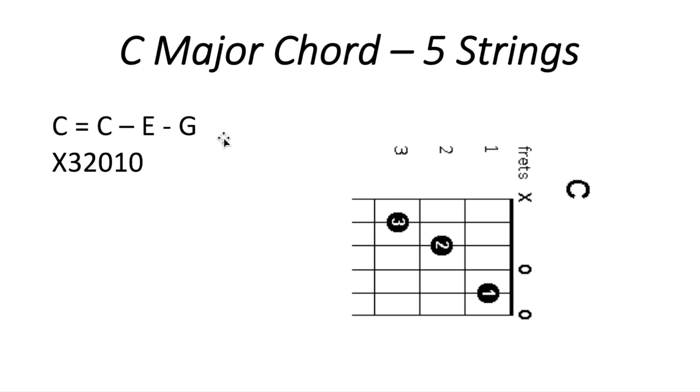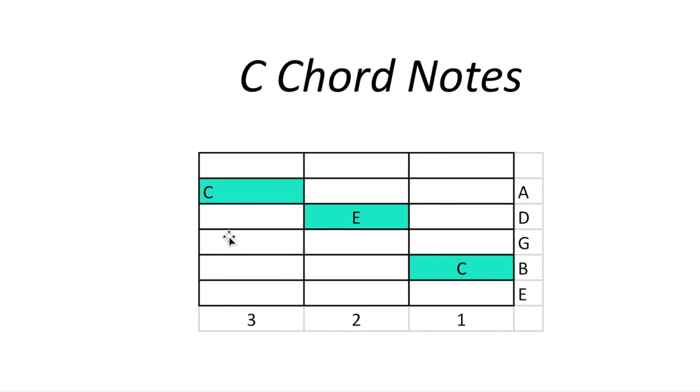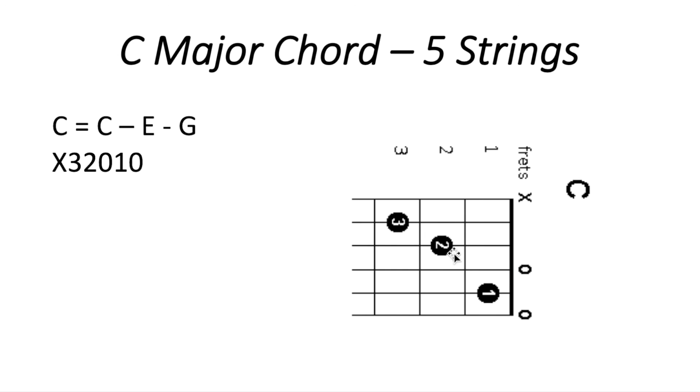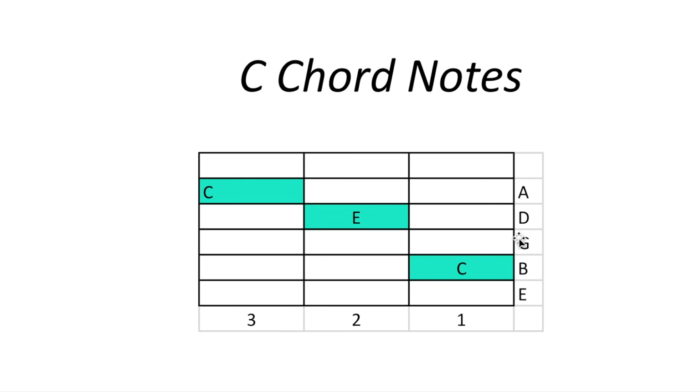Because you know the notes C, E, G, let's look into the exact positions for these notes. When you hold your fingers, these notes are C, E, and C. So where is the G getting covered? G is covered because this is an open position, right?